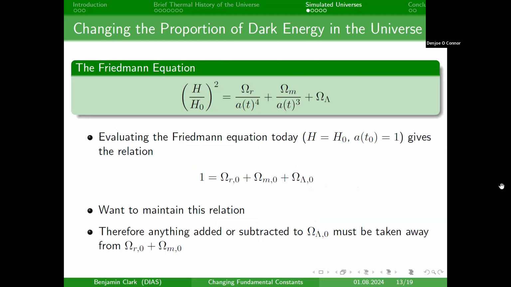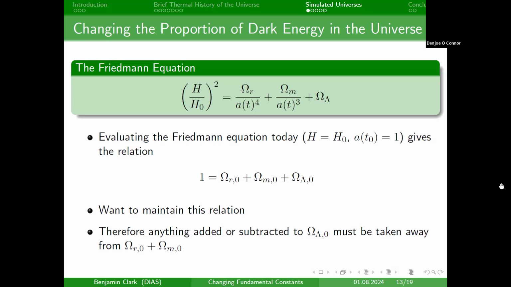So what is the Hubble parameter? Well, it's a measure of the expansion of the universe. We can get it from the Friedmann equation here. The Friedmann equation is found by solving the Einstein equation in the FLRW metric, just a certain metric that Friedmann, along with others, came up with.